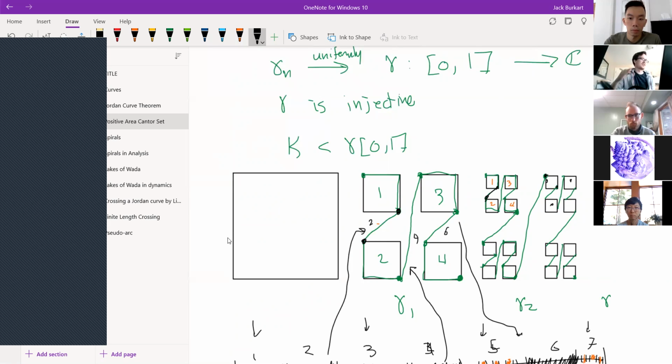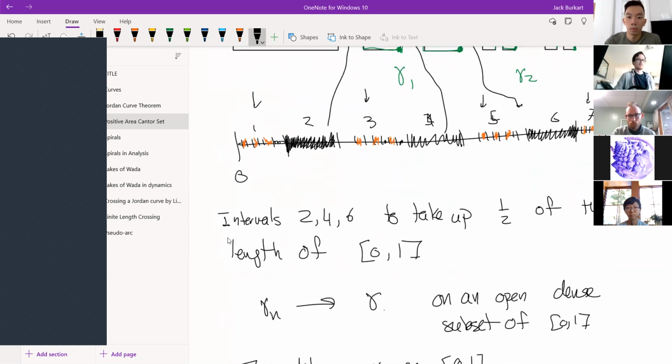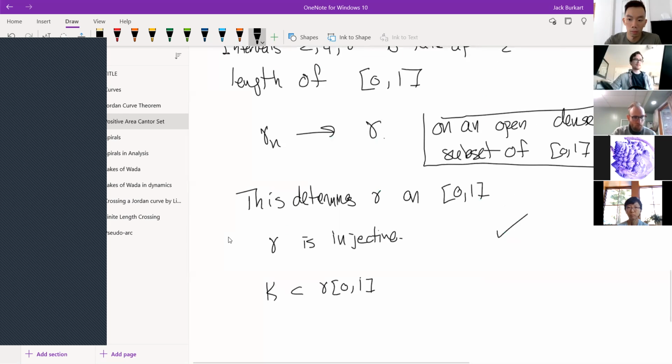And because the function is continuous, these points accumulate. I'm going to be able to find some points in the domain that actually map onto that point as well. So the points that are going to map onto the Cantor set are the points in the non-open dense subset where we define the gamma n's in the first place. So just by continuity, we're eventually going to pass through the entire Cantor set as well.